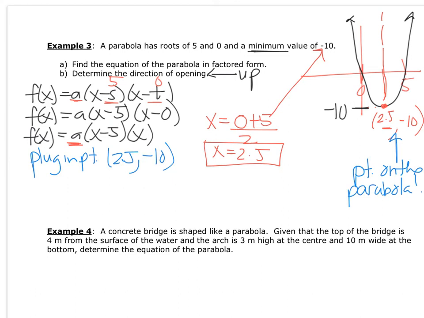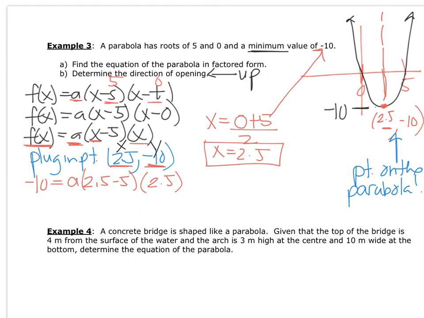So we have our x is 2.5 and our y is negative 10. So exciting. So instead of y or f(x), we're going to write negative 10. Let's do it. So we've got negative 10 equals, instead of a, no idea what that is, so we've got to keep it going. Bracket, instead of x, I can write 2.5. 2.5 minus 5, bracket. And instead of x, I can write 2.5.